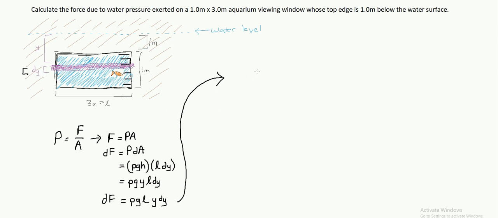So I'm going to have an integral from y equals 1 meter up here, where there's 1 meter of water above us, all the way to y equals 2 down here, where there's 2 meters of water above us, of rho g L y dy. Rho, g, and L are all constants: the density of water, acceleration due to gravity, and the length of the tank, so I can pull them out of the integral. Rho g L times the integral from 1 to 2 of y dy.